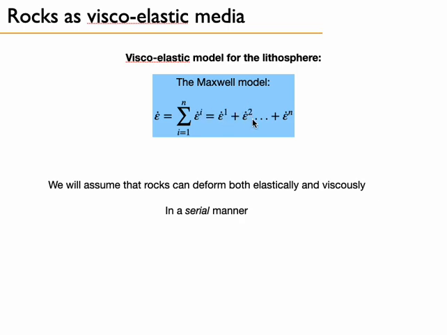Here we will have a viscous mechanism and an elastic mechanism. So we assume that the rocks can deform both elastically and viscously at the same time, and we do a serial decomposition, a Maxwell decomposition.